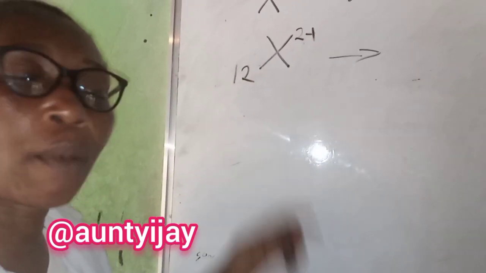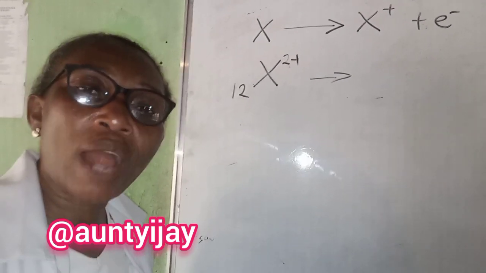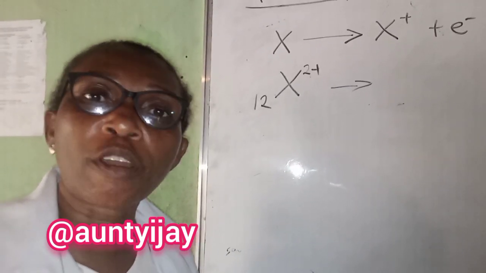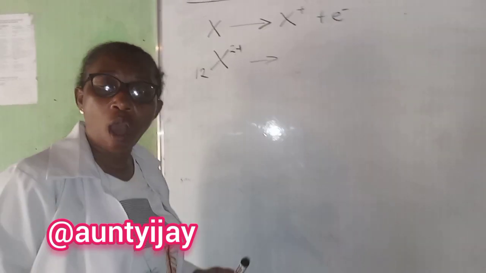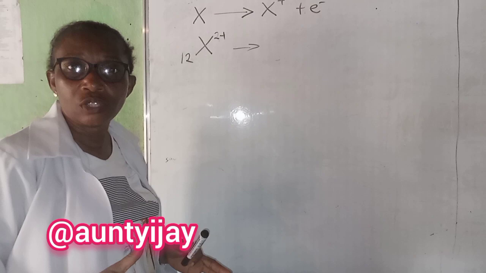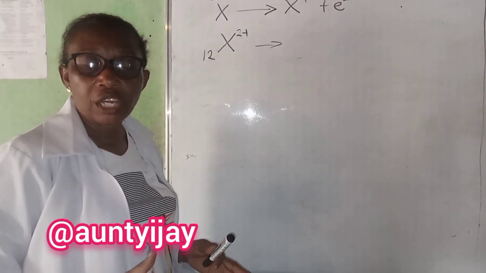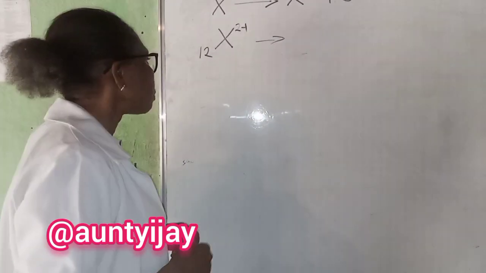At this juncture, I must tell us that in a neutral atom, the number of electrons equals the number of protons. Therefore, if you know the atomic number of an element, you also know the number of electrons in an atom of that element.